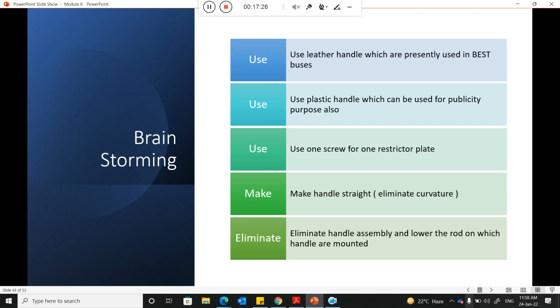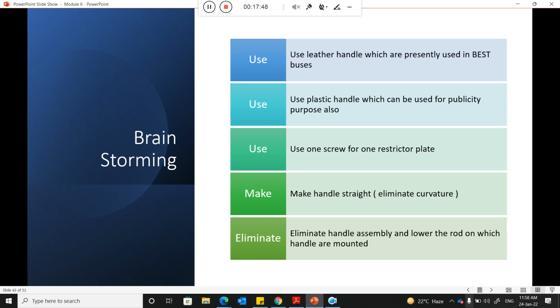What is the purpose here? Don't put a handle and all things. On that particular rod you put all this, right? So move that rod downward, so anyone can use that particular rod as a handle.